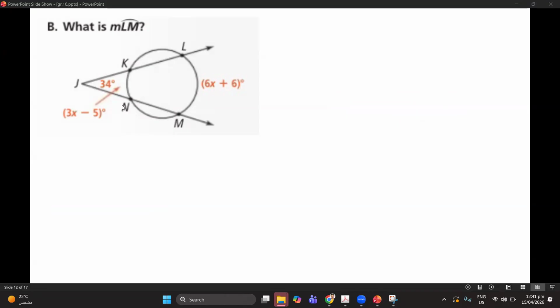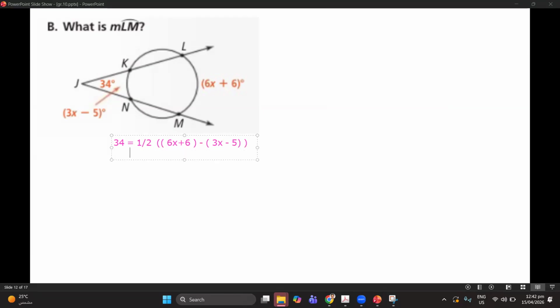We said the measure of the angle is half the difference of the two arcs because it's outside, which means 6x plus 6 minus the 3x minus 5.